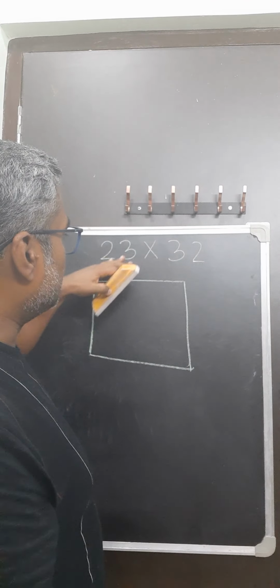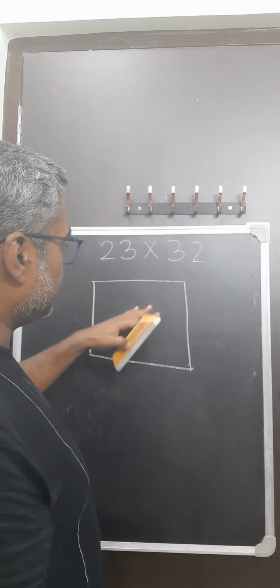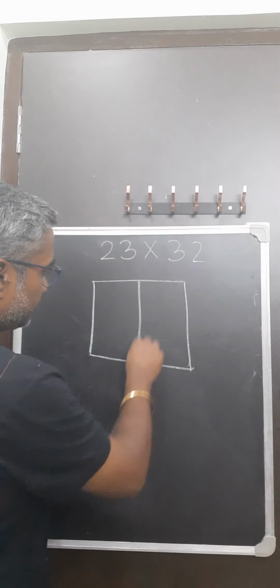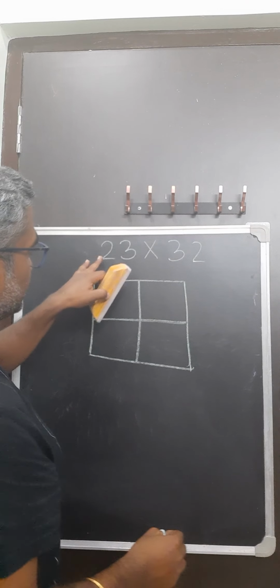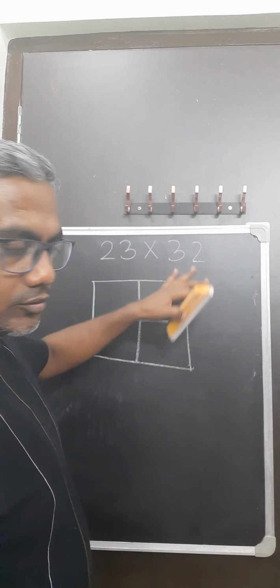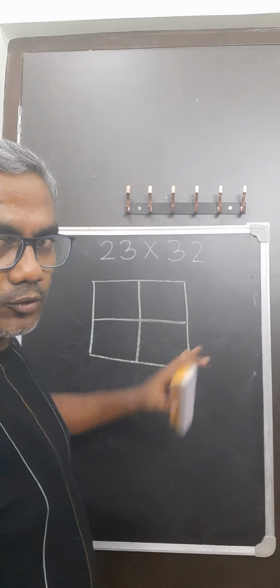As it is 23 cross 32, you can understand that it will be a square kind of thing. So I will divide it in four parts, as there are four digits including the two numbers.